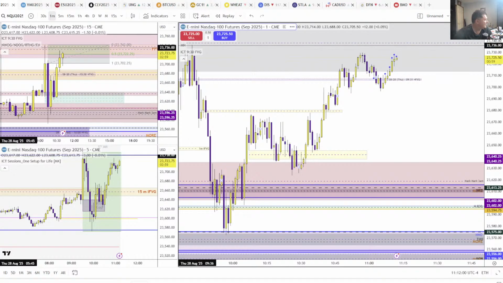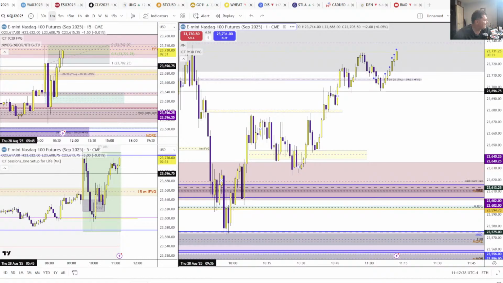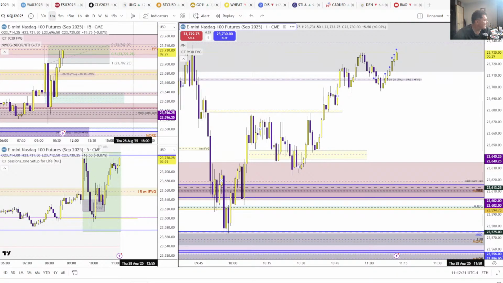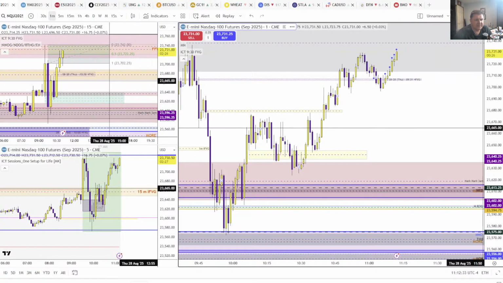See how each one of those hits all three levels of that SIBI, that BISI, that inversion. 804 is the 11th. The 19th is the consequent encroachment, and the 18th is the high. All three levels. So we're looking for the 11th as our upside.